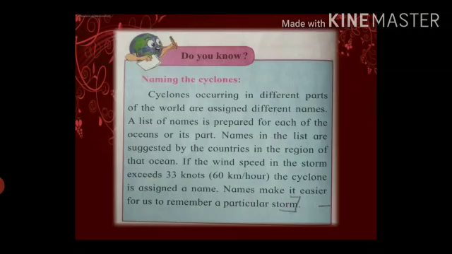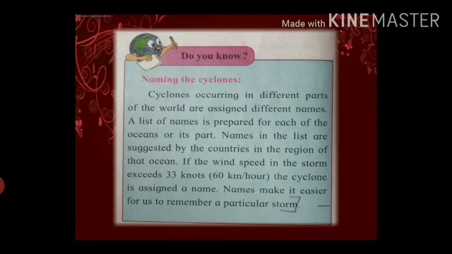Do you know? Naming the cyclones. Cyclones occurring in different parts of the world are given different names. Children, just as we learned about winds, that various names are given for local winds occurring in a particular region, similarly here also names are given in a list and these names are suggested by the countries in the region of that ocean.